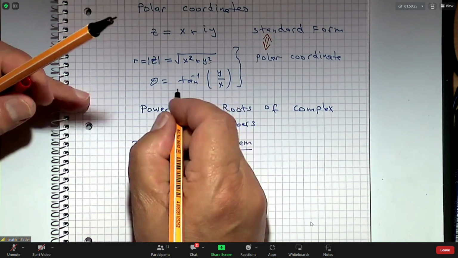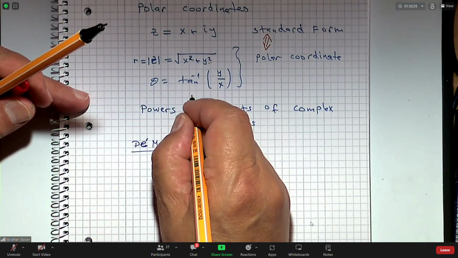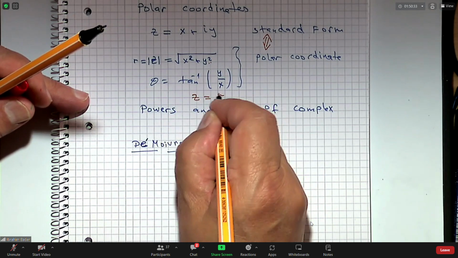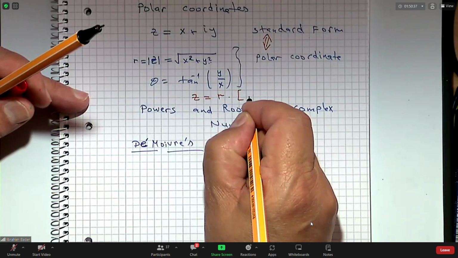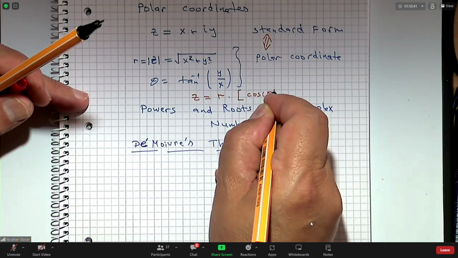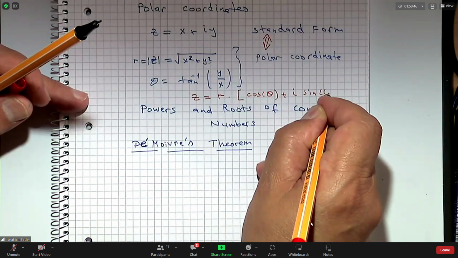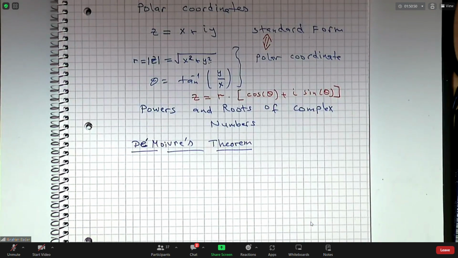Here, if we want to write Z in the polar format, then we write Z as R, which is this amount here, times cosine theta plus i sine theta. So this is the polar corresponding.